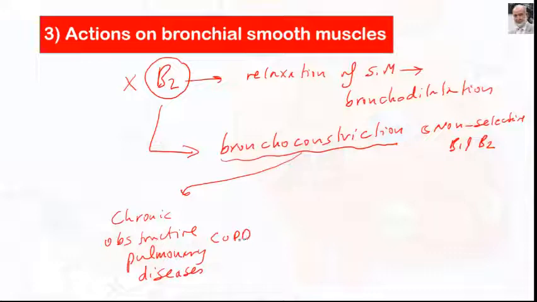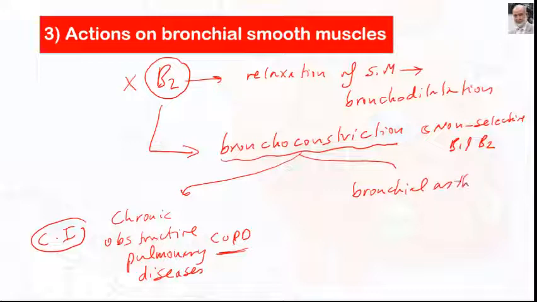In this case, beta blockers are contraindicated. Bronchoconstriction can take place as well in bronchial asthma. It will make bronchial asthma worse, and that's why beta blockers should be avoided in people with bronchial asthma, especially the non-selective beta blockers.